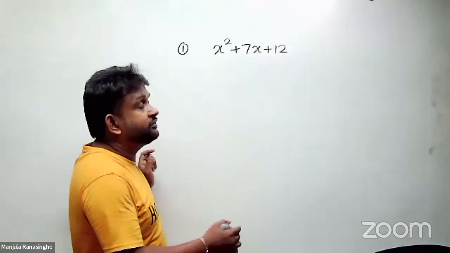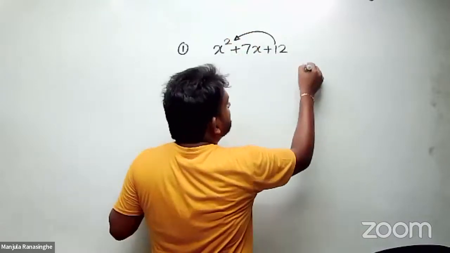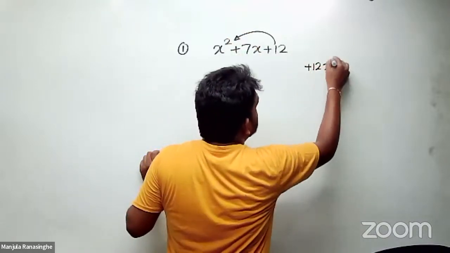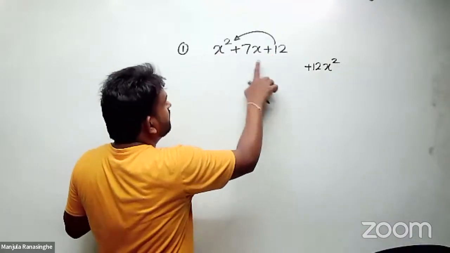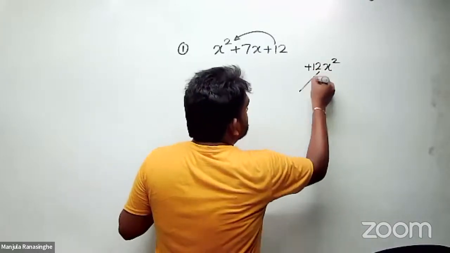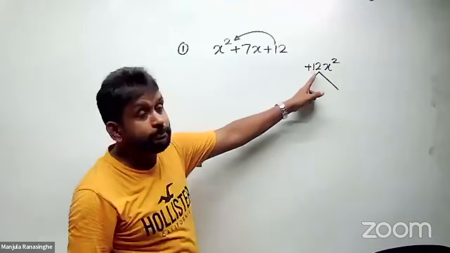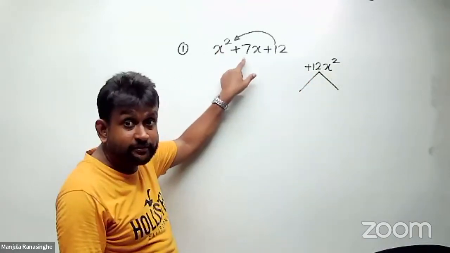In that case, we multiply this plus 12 with x squared and take aside plus 12 x squared. Then we check how the product builds up plus 12 x squared and the addition builds up plus 7x.